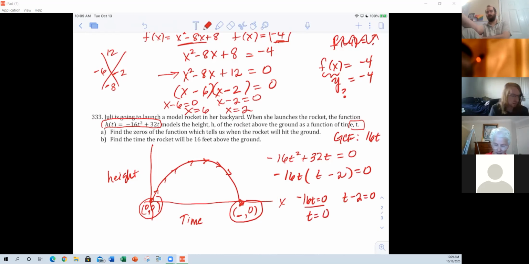Right, so that's this one right here. That's like saying at time 0, the height of the rocket is 0 feet above the ground. And then what's this one? t equals 2. And what that's saying is that at time 2 seconds, the rocket hits the ground.